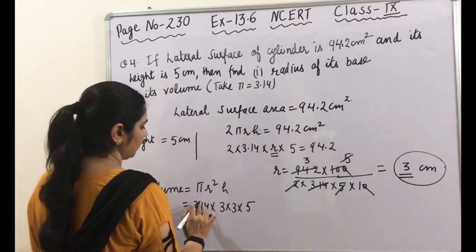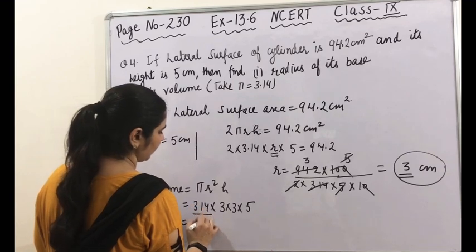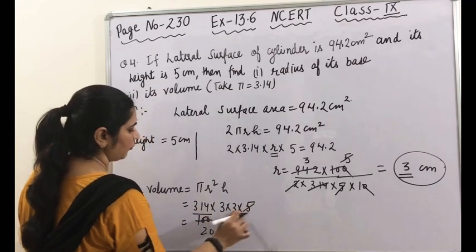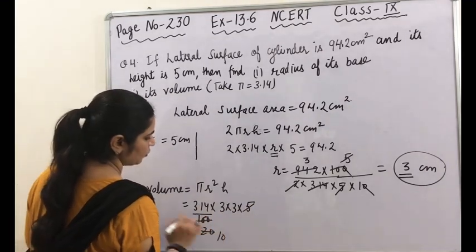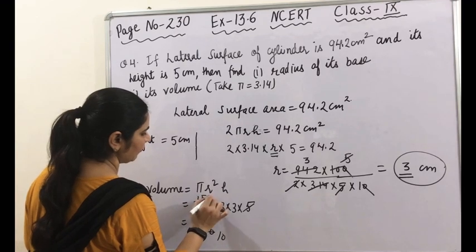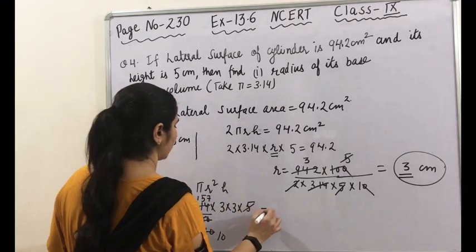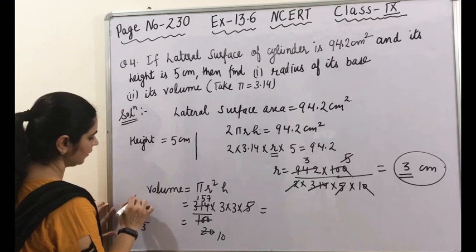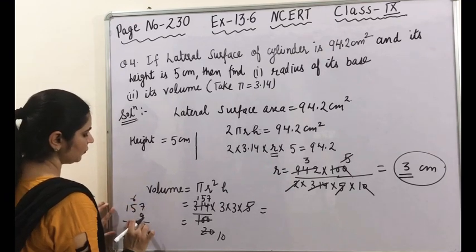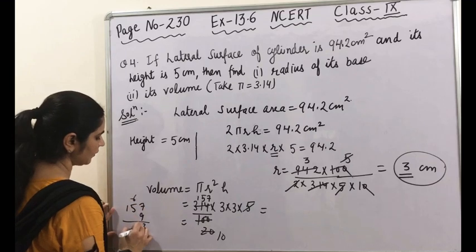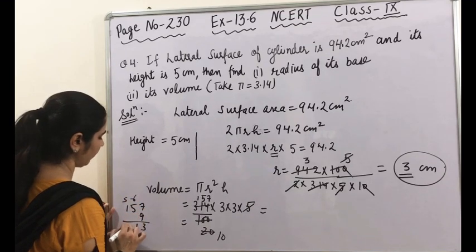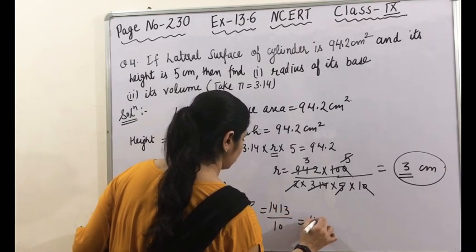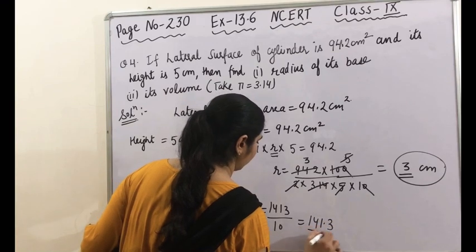When we omit this point, 100 will come. 5 20s are 100. 157 into 9. 9 6s are 54, 9 7s are 63, 9 5s are 45, and 6, 51, 1413. 1413 divided by 10, which is equal to 141.3.